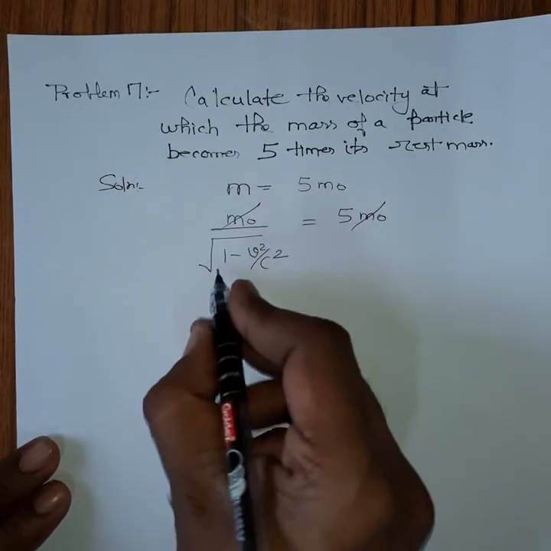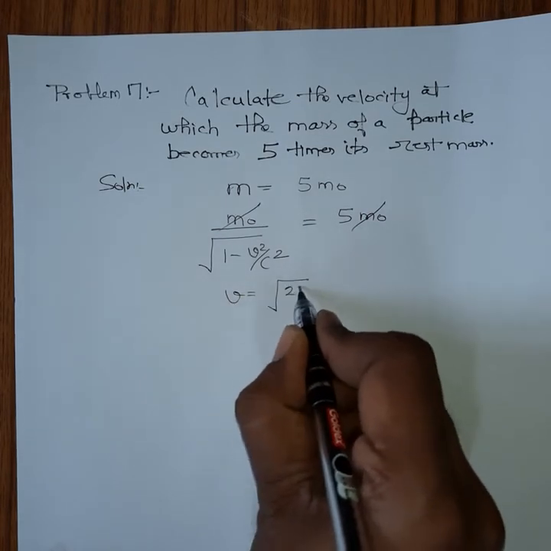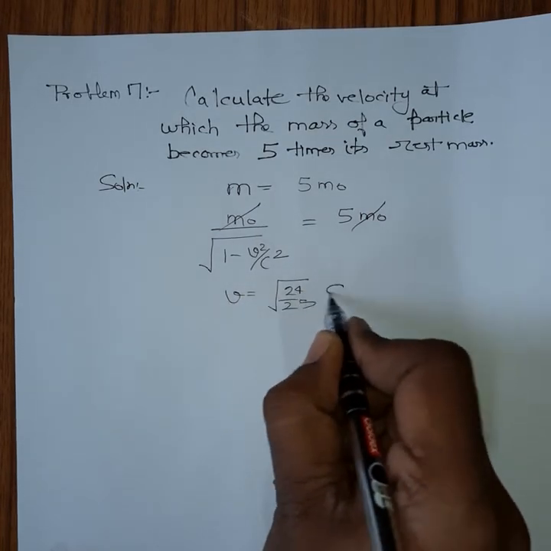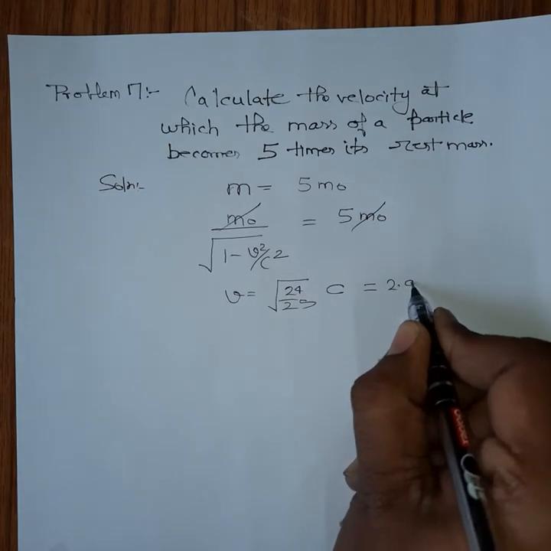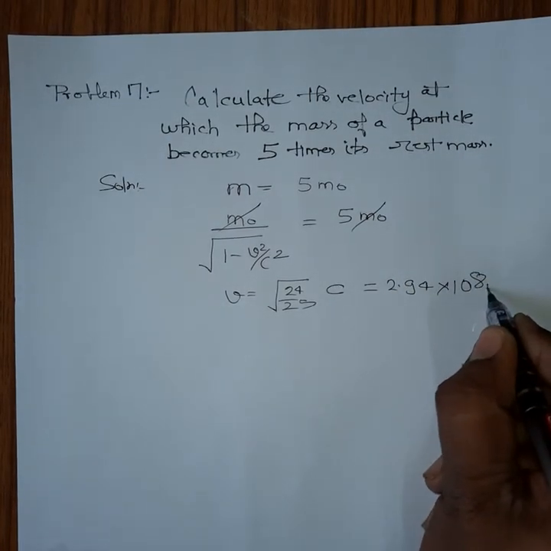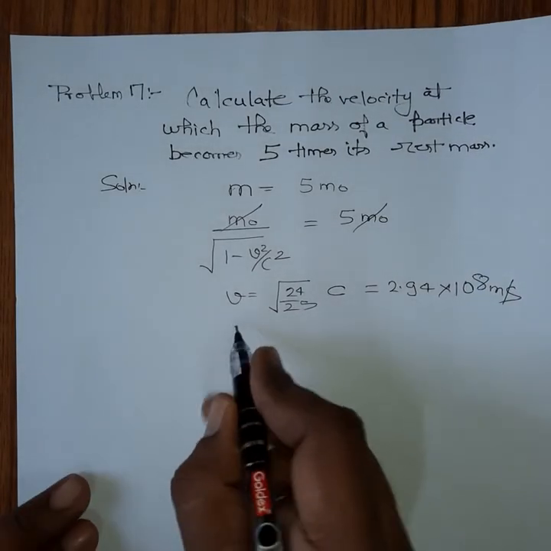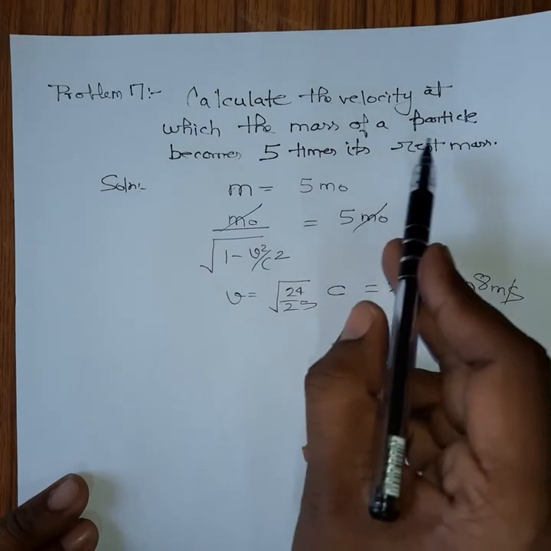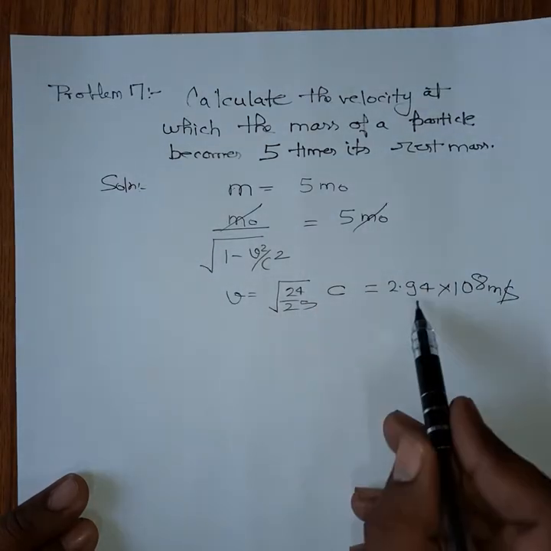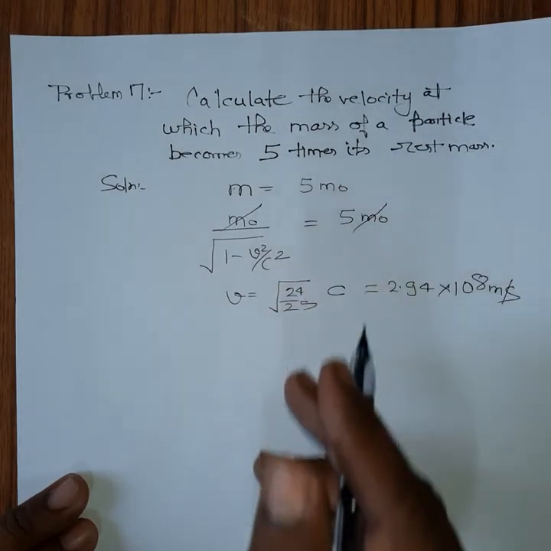If you solve it, you will find that v is equal to root 24 by 25 c, which is 2.94 × 10^8 meter per second. If a particle moves with this velocity, then its mass becomes 5 times its rest mass.